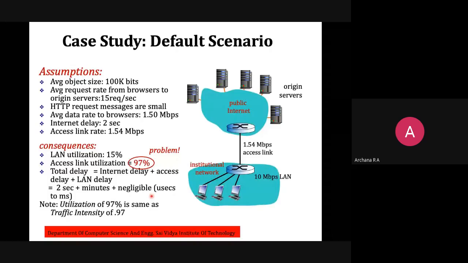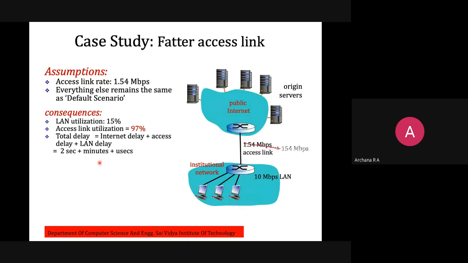Now the access link rate is about 1.54 megabits per second. This is also one reason why the traffic intensity is too high, about 97%. So we can decrease the access link utilization with one solution, by increasing the access link rate.